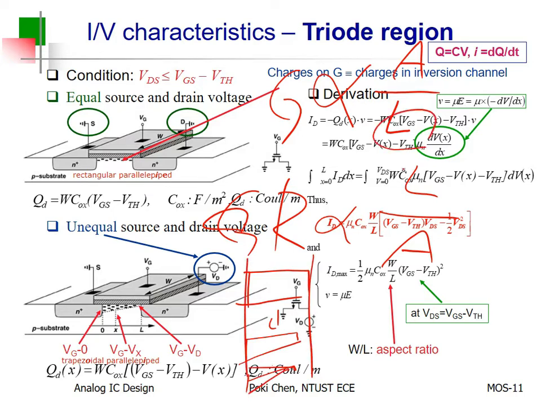The top plate and the bottom plate increase from here to there, the length is still the same, but the average channel depth will be reduced. Got it? So how about the conductivity? Since the length is the same but the average channel depth is reduced, the higher the drain voltage, the less the cross-sectional area, so the less the conductivity.